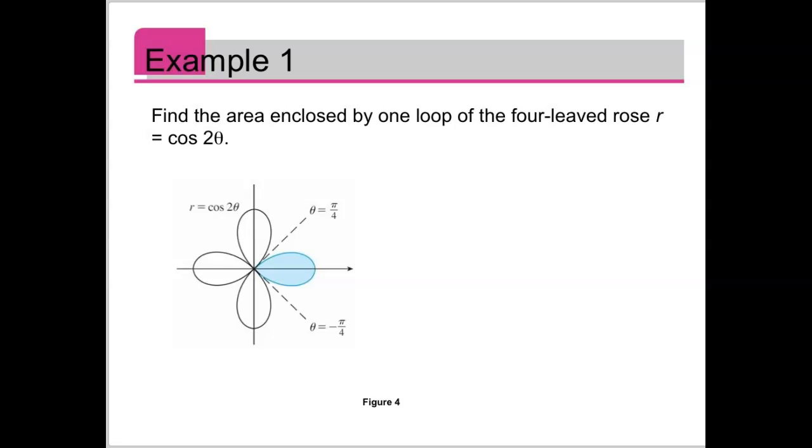Find the area enclosed by one loop of the four-leafed rose r equals cosine 2 theta. All right, well, now that we have that formula, it's just area equals the integral from a to b of 1/2 r squared d theta.